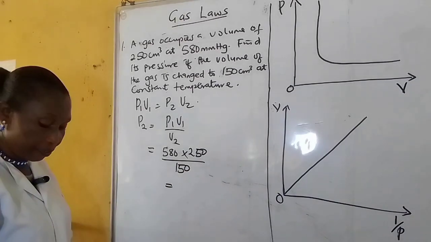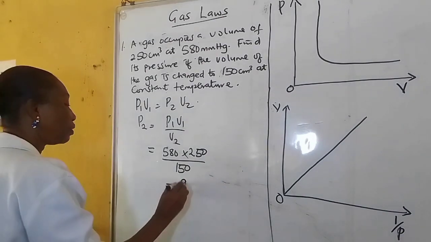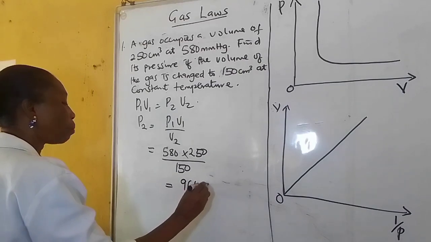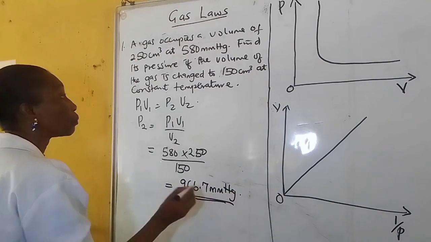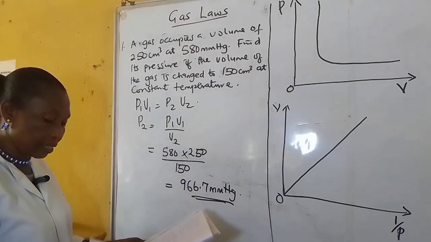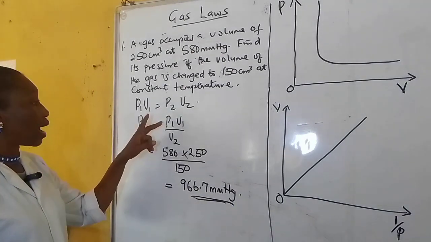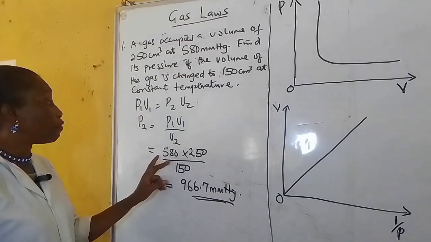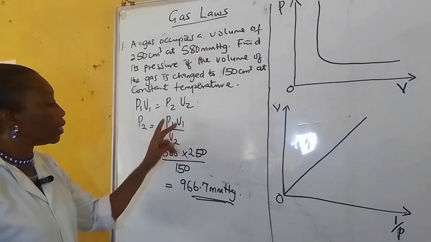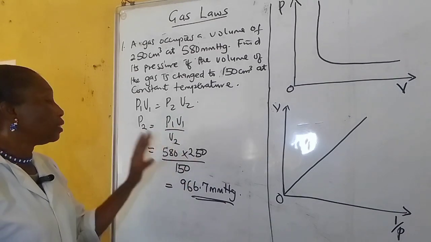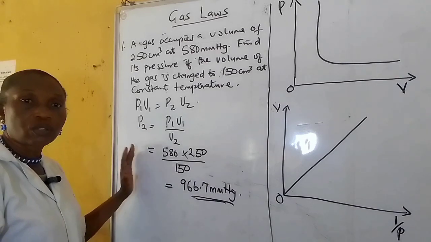So what do we have as our new pressure? We have 966.7 millimeter mercury. Remember that as we have P1 here, you substitute the value of P1 here, and as we have V1 here, you substitute the value of V1 here. Remember to substitute correctly so that you have no problem.